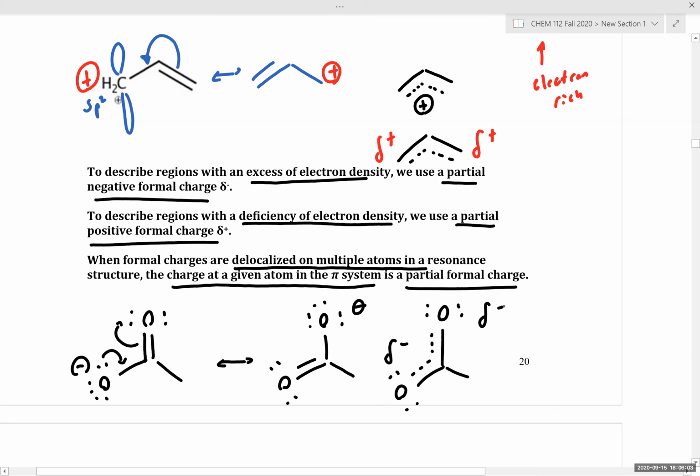It's not a full localized charge because that negative charge is distributed across multiple atoms via resonance. Does this make sense to everyone so far? Any questions so far? Perfect.